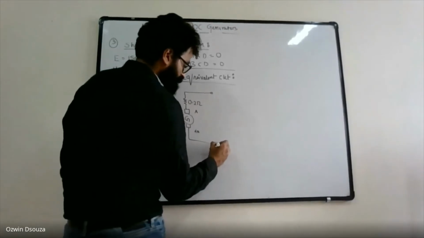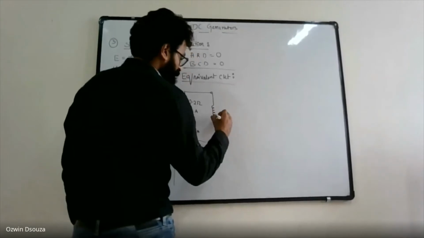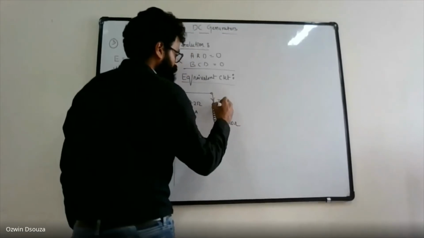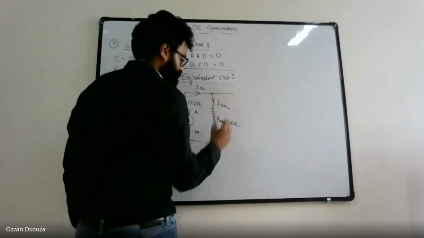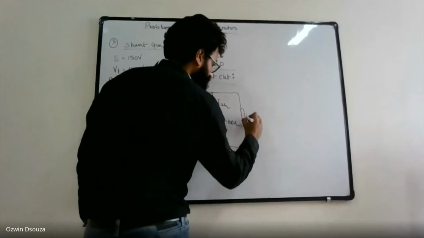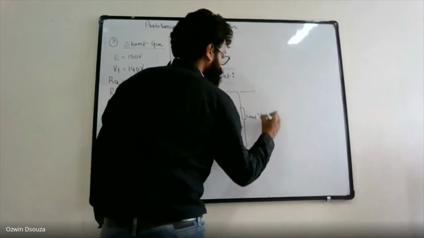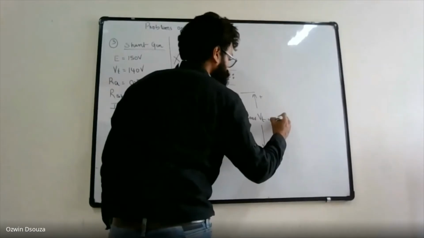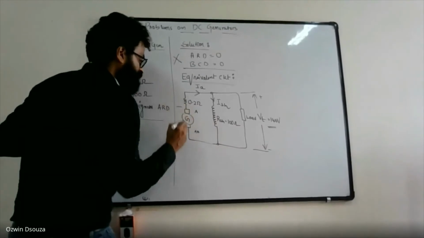And then you have the shunt field, right? And shunt field resistance is 100 ohm. This is shunt field current ISH. This is armature current IA. This is your load. And this is the terminal voltage, minus plus, which is 140. And EG is given, right? So this is EG.